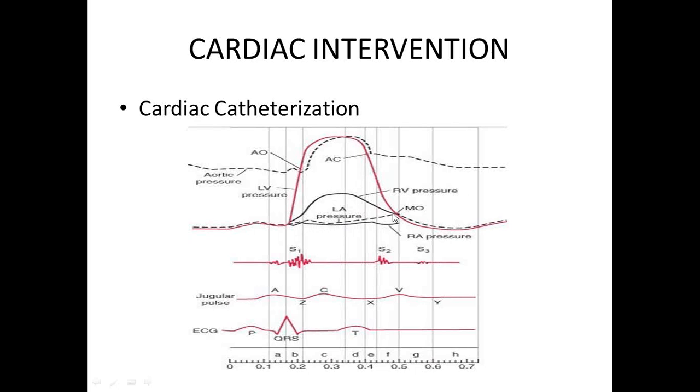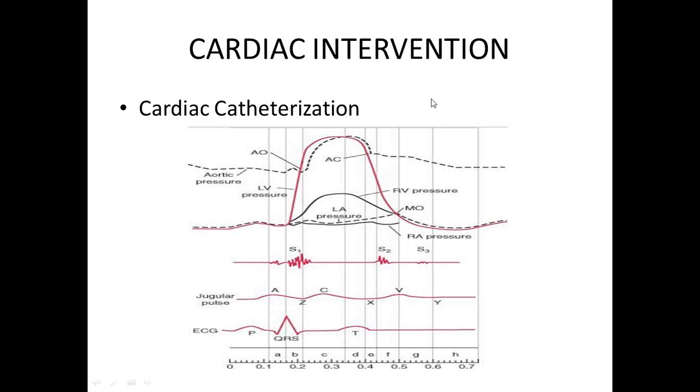So the pressure goes up a little bit when you get to the end of left ventricular diastole, because the atrium contracts, so the pressure bumps up a little bit. But in diastole, it falls. Okay, so this is the left atrial pressure tracing. The right atrial pressure tracing is somewhat similar.